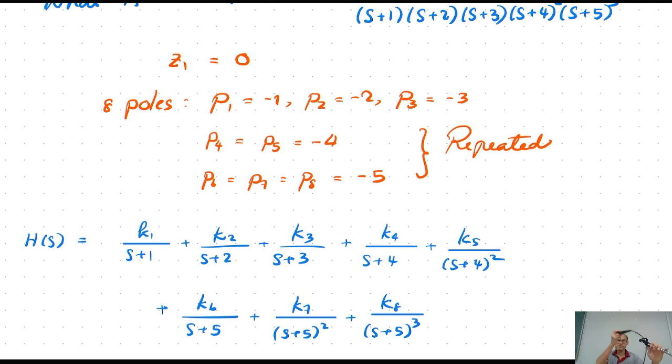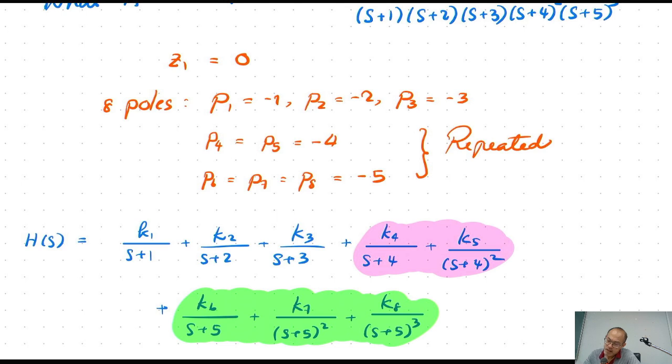Here. You see, ultimately, we're going to have 8 terms as in the number of poles. Okay, because there are 8 poles, right? So we have 8 terms. Now, these two terms are for the 2 times repeated poles. And these 3 are for the 3 times repeated poles.